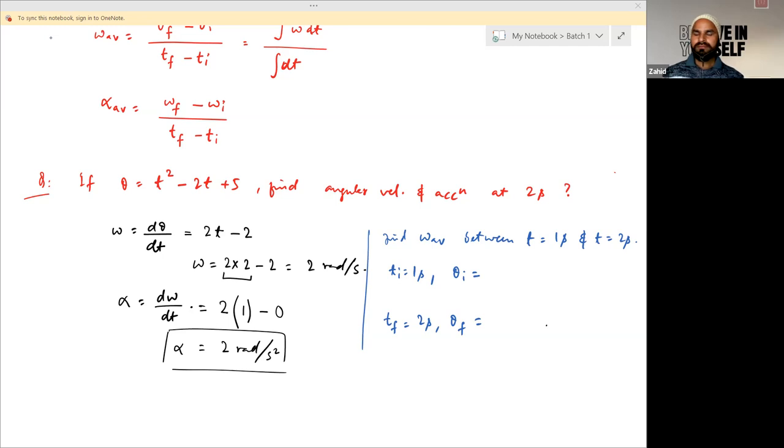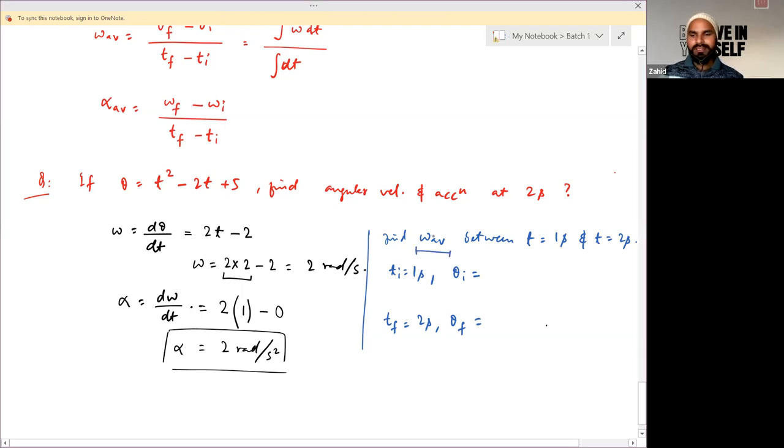Sir, we have to find theta or work? First, you have to find theta using this initial time and this final time. Then average angular velocity.